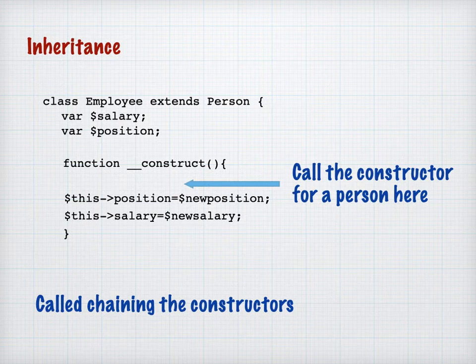So in exactly the same way that we're going to reuse all the different functions that we've already written, we can reuse the constructor for the person. And what we do is we'll put that in that gap. So the constructor function for employee will call the constructor function for person and pass in those bits of data. So it would look like this.